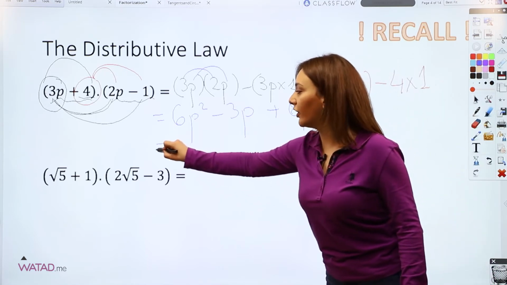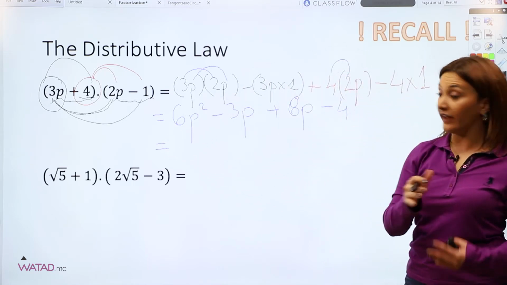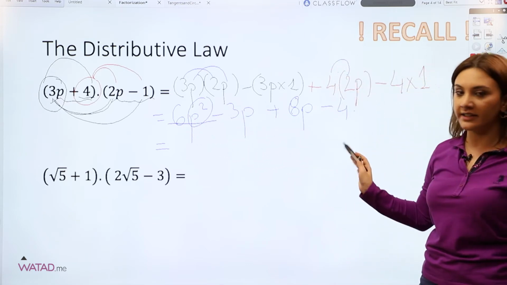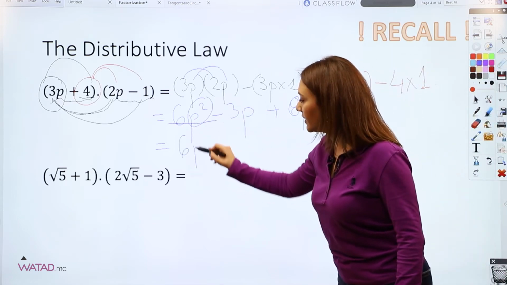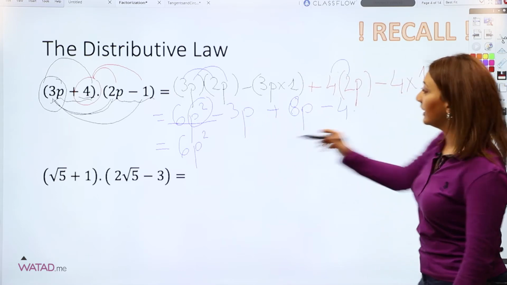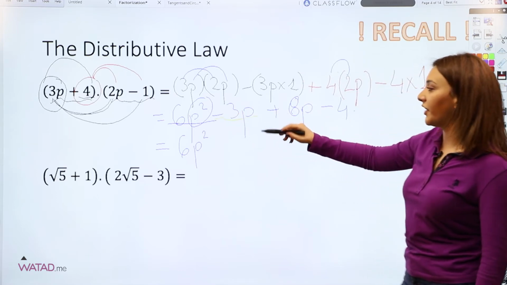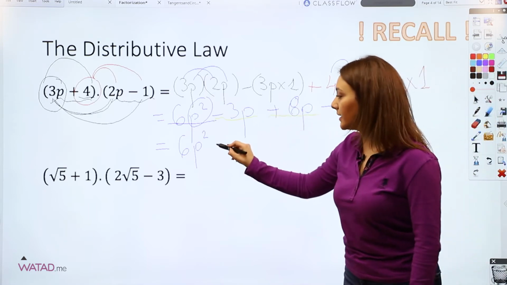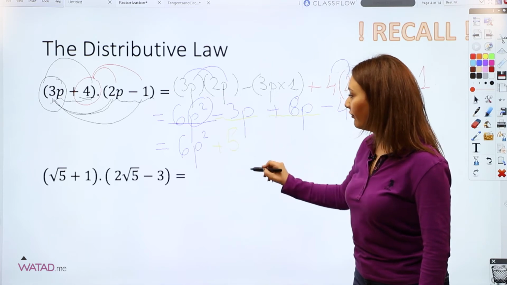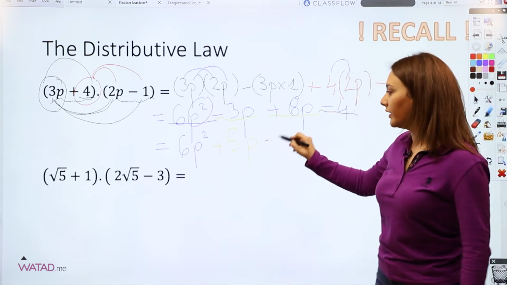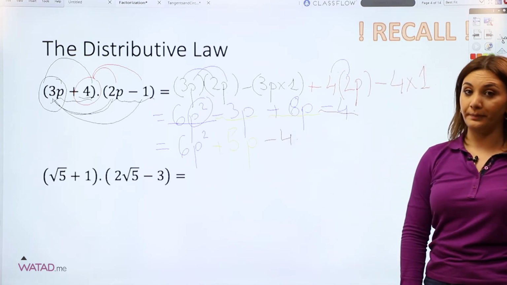I take all the degrees of p together. P squared, I have only one term in p squared, so I cannot add it with anyone. This is 6p squared. 3p, I have two terms in degree 1, which is minus 3p and plus 8p. So this is plus 5p. And I have an integer alone, negative 4.